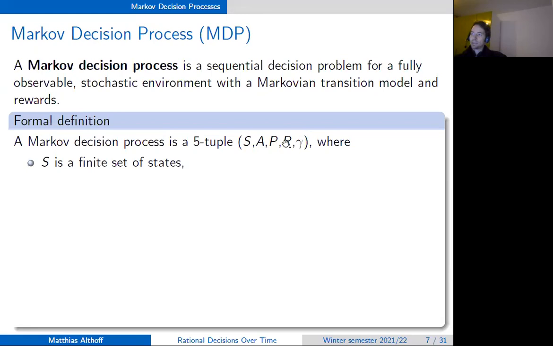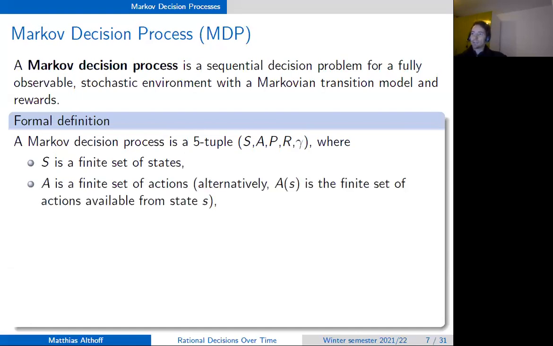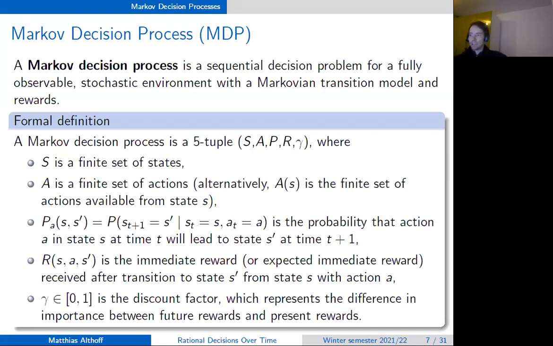R are the rewards. So these were -0.04 for each step, +1 for reaching this good tile, and -1 for reaching the bad tile. And then additionally, we have this gamma, which is a discount factor. Just remember that this is a discount factor. What it means, I will show you later on. So it's just a repetition of what I said.